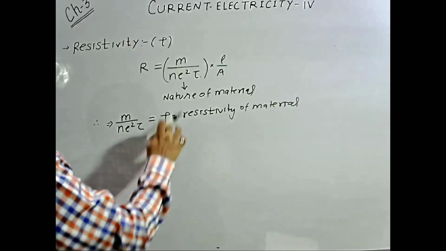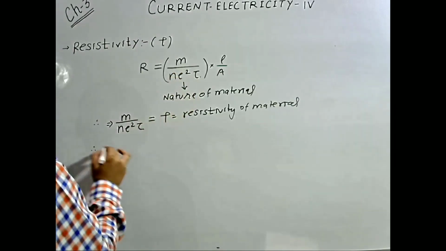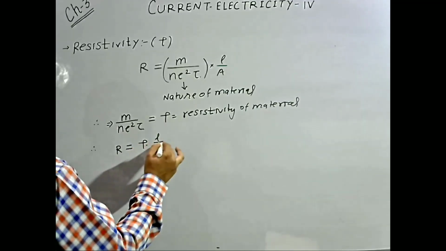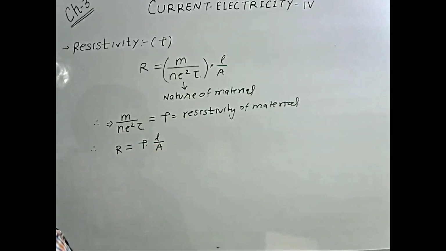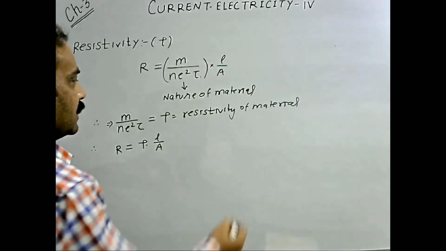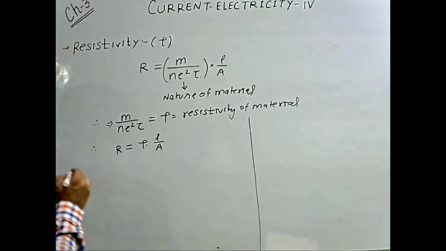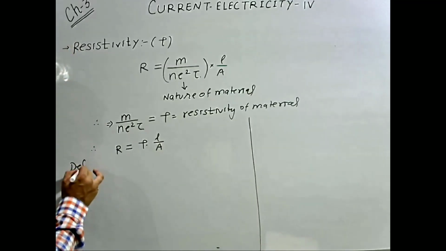So the formula of resistance becomes R is equal to rho into L upon A. Rho is the resistivity of material of conductor. Clear?